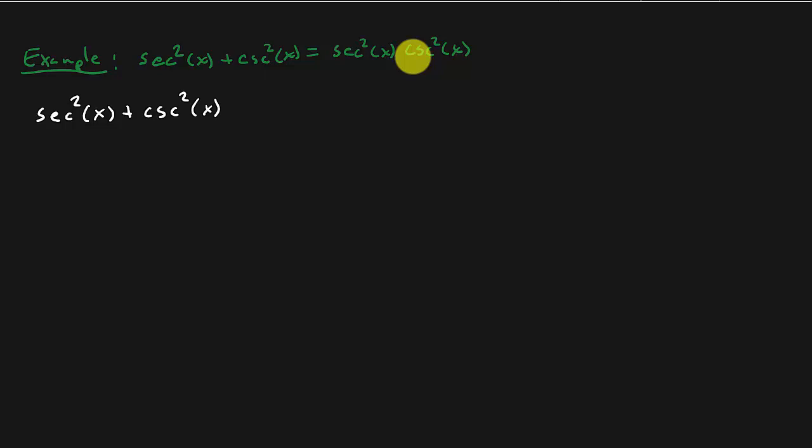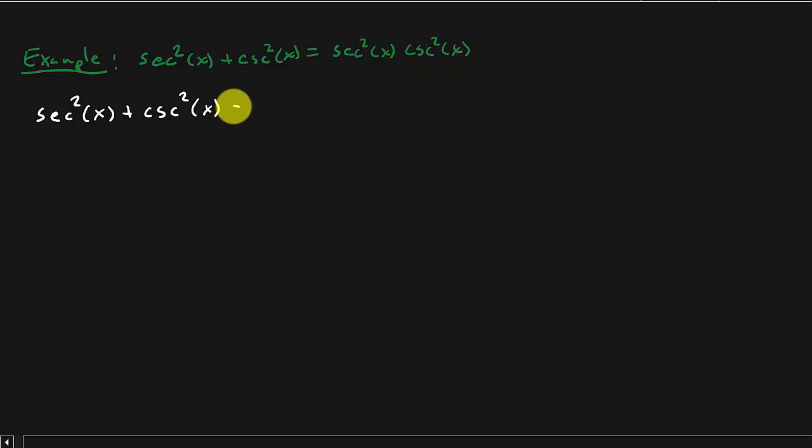You just can't do that when you're proving identities. But one thing that works a lot of the time is rewriting everything in terms of sine and cosine. Okay, so I just rewrote everything in terms of sine and cosine.